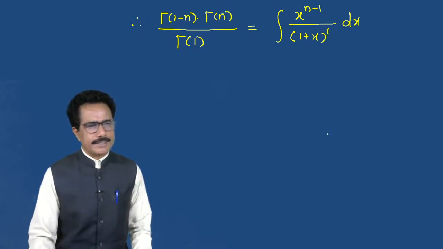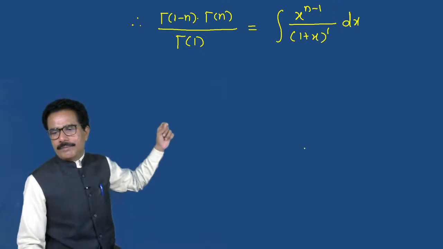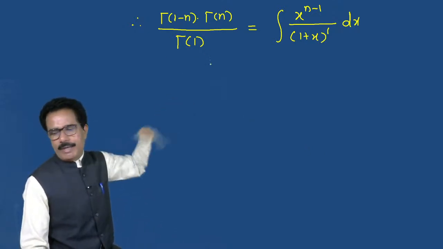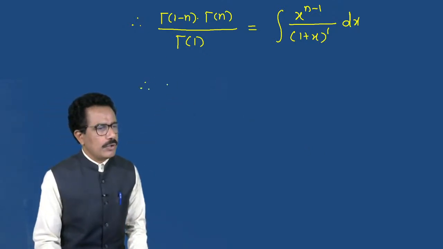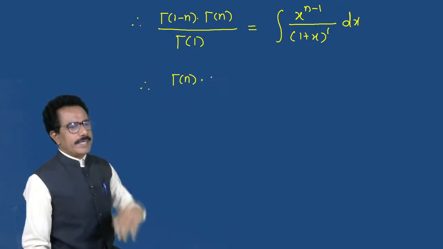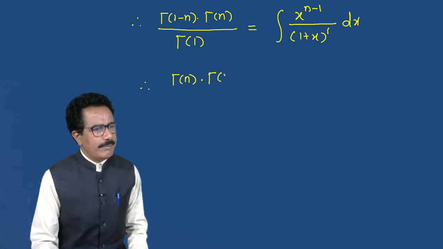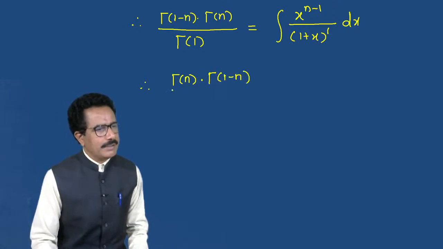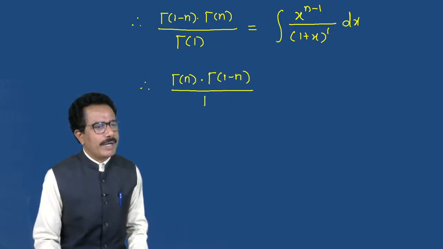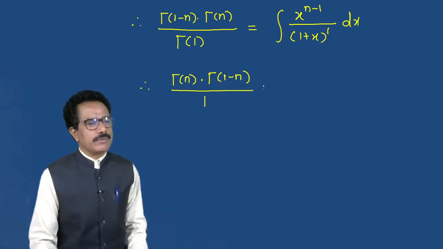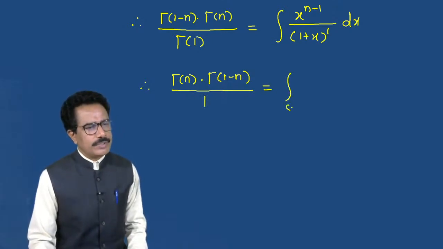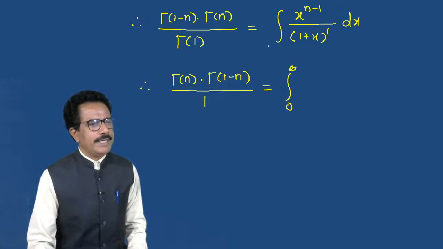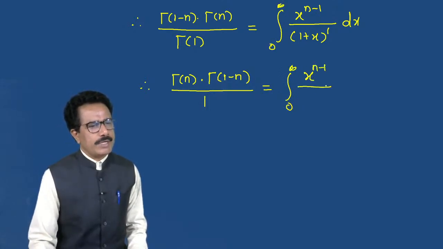Now you can tell me what is the value of gamma 1. Students, tell me the value of gamma 1. So we can write gamma n, gamma of 1 minus n divided by gamma 1. Gamma 1 is equal to 1, and the integral from 0 to infinity of x raised to n minus 1 divided by 1 plus x dx.